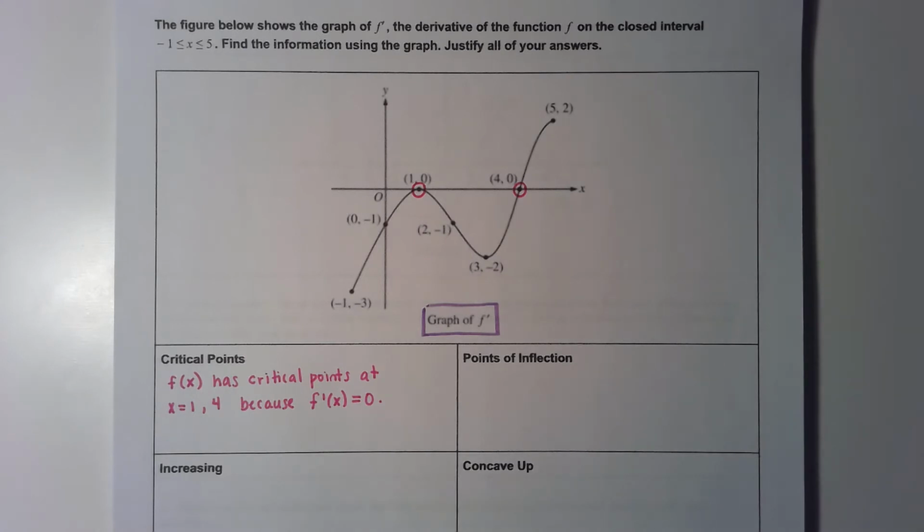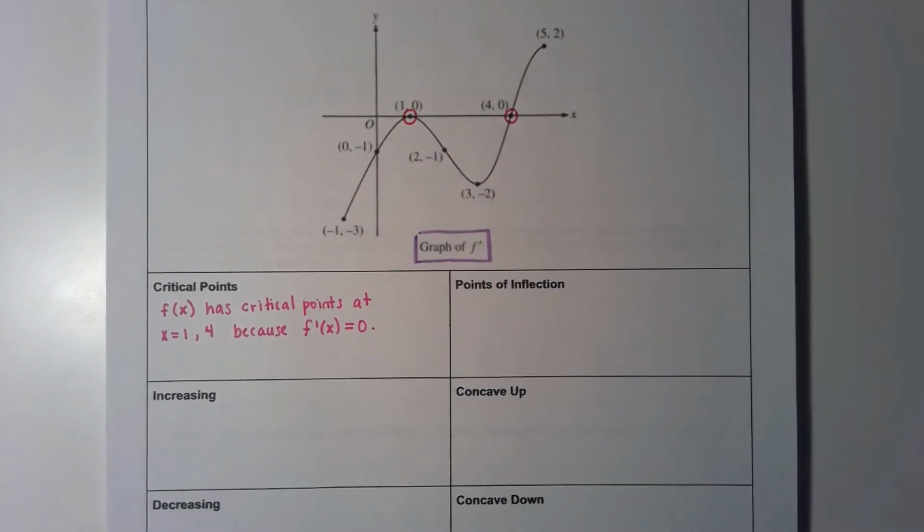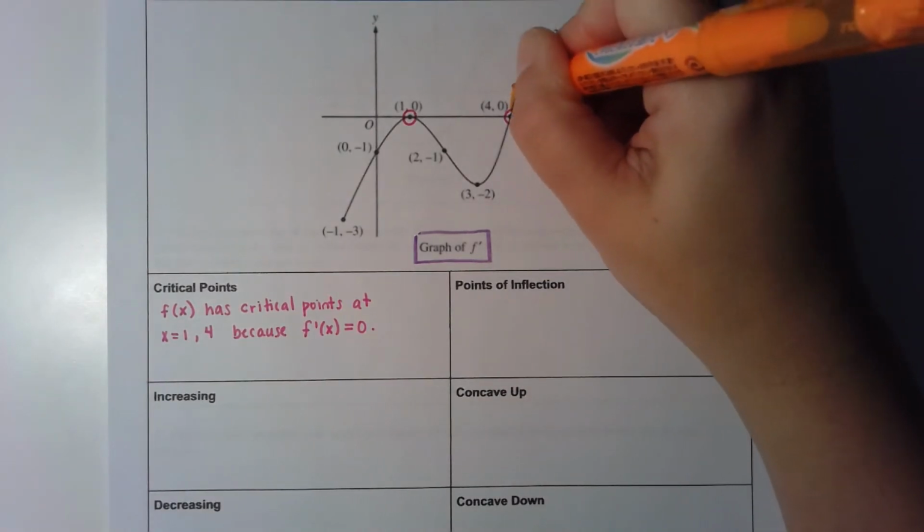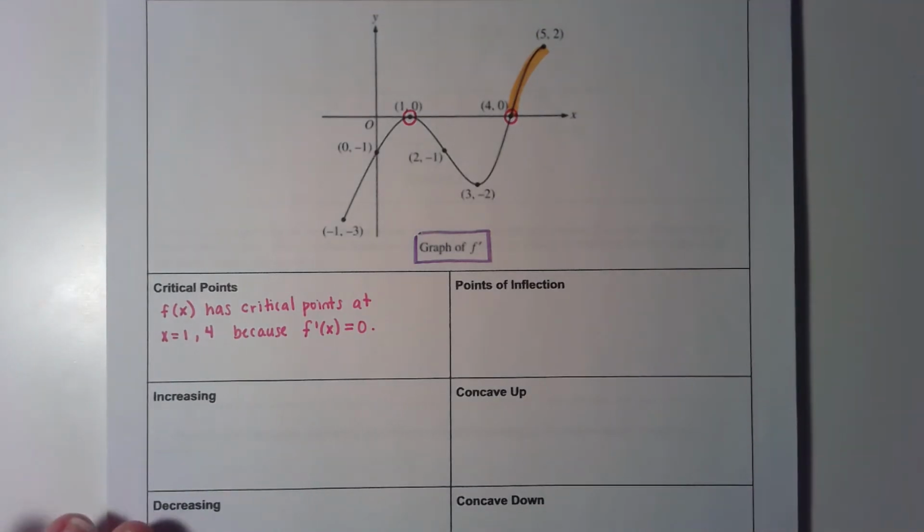Now let's do increasing. So we'll kind of start with all the first derivative stuff, basically. Let's do increasing. So the original function is going to be increasing on the sections of the graph where the first derivative is positive. So the original function is going to be increasing right here because that's where this graph is positive. It's above the x-axis.